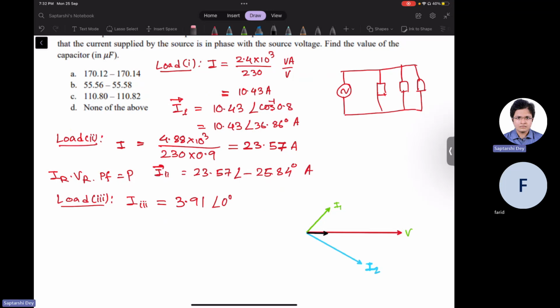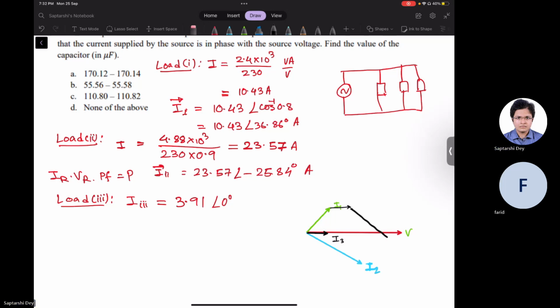Now what we can do is, although it is not required, but as I said, make it a practice to draw phasor diagrams. No, not like this. This is not wrong. Anyway, so I1, and this is I3. Now you can add them up. So this is I1 plus I3.